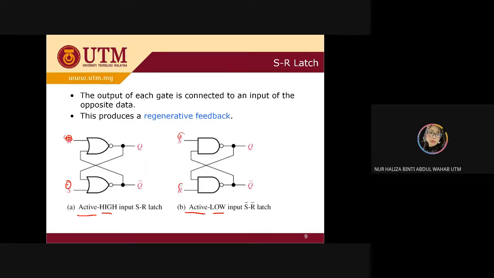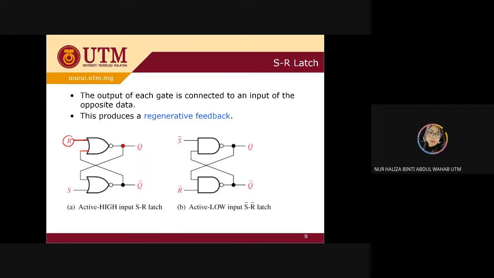Okay, the output of each gate is connected to an input. You can see here, let's say you have R, then you have the output, but these inputs are connected to your R. Another input, normally you're going to have a minimum of 2 inputs, right?